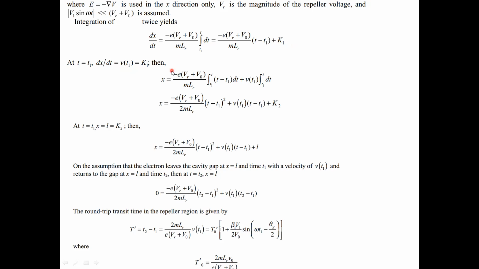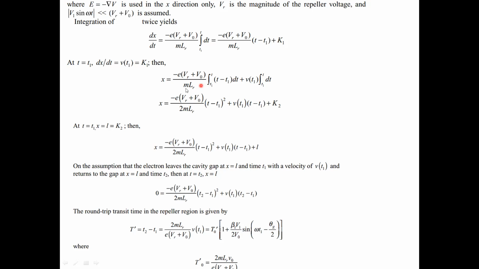So take one more integration: x equals minus e VR plus V naught by ml, integration t1 to t of t minus t1 dt, plus integration t1 to t of v of t. So what is k1 equal to? The status of the integration constant: that constant I am taking as the velocity at t1.